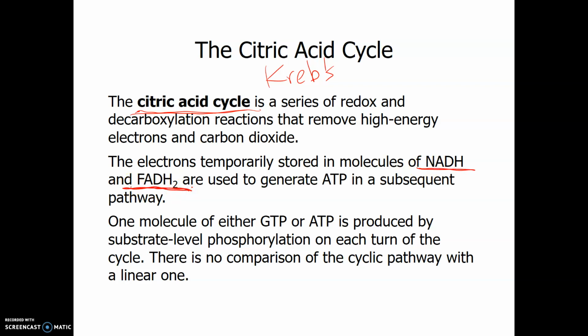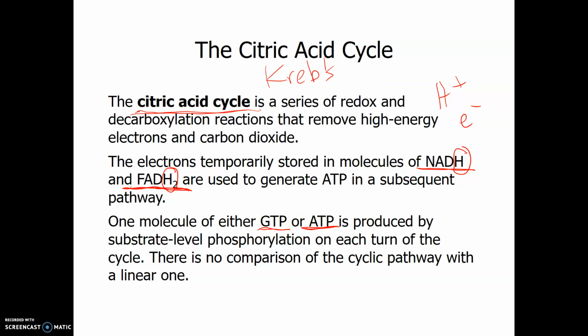Now, these are carrier molecules. They contain hydrogen on the end, and these hydrogens are carriers of hydrogen ions and electrons. And we've already talked about how hydrogen ions and electrons are used during chemiosmosis to produce ATP. Now, the citric acid cycle will produce either 1 molecule of GTP or ATP per turn.